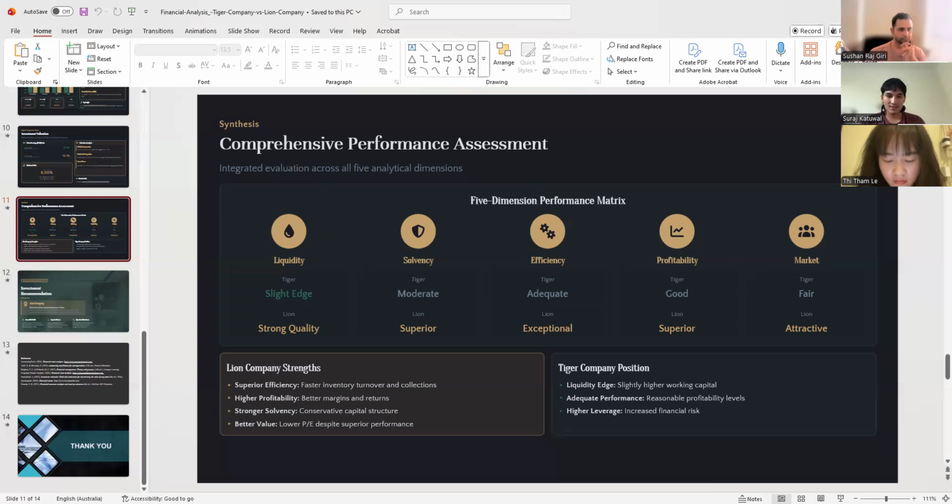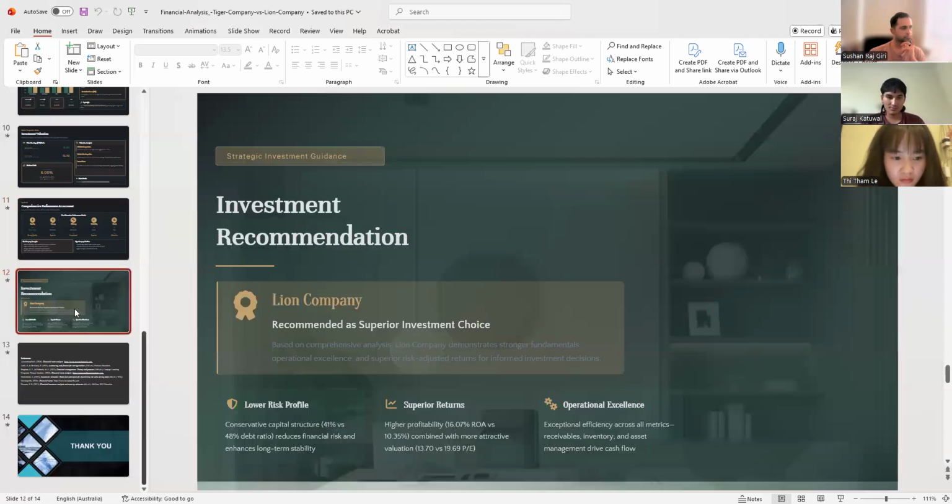Moving on to the next slide, slide 12, synthesis and comparison. When we synthesize results across all five dimensions, Lion consistently outperforms Tiger. Tiger shows a slight advantage in liquidity, but Lion demonstrates stronger solvency, efficiency, profitability, and market valuation.